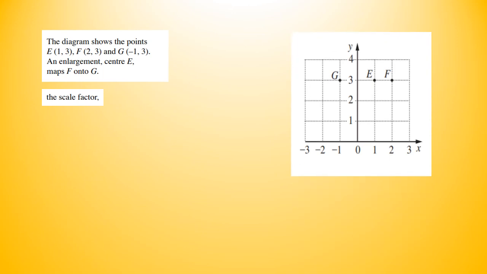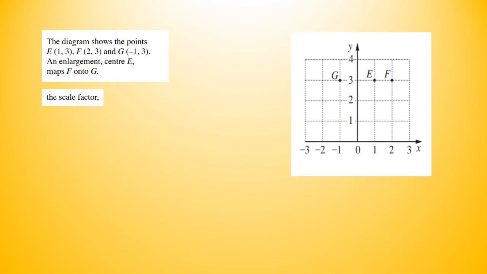Next, the diagram shows the points E, F, G, and you are asked to enlarge with center E, which maps F onto G. So we have 3 points.